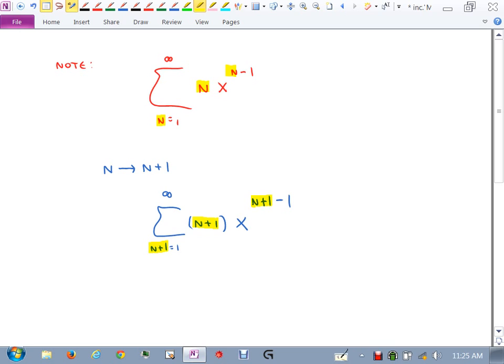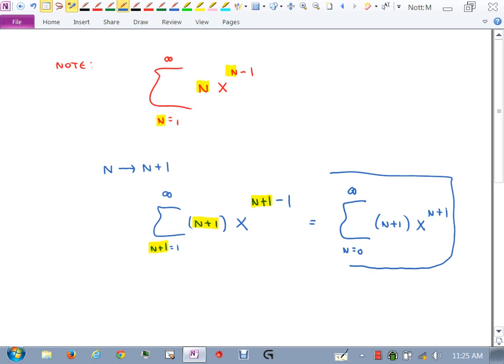This is an equation. Just move the n, subtract 1 on both sides, and wouldn't you get n is 0? Right? So this becomes n equals 0 to infinity of n plus 1 x to the n plus 1. This is the equivalent answer, not n to the n plus 1, x to the n, sorry. This is n plus 1, but these ones go away, and so you just have n up there.